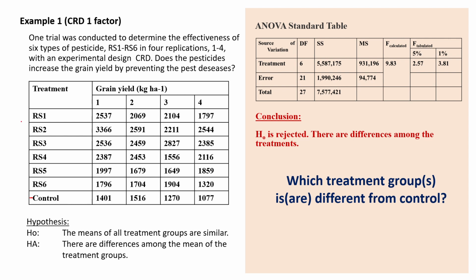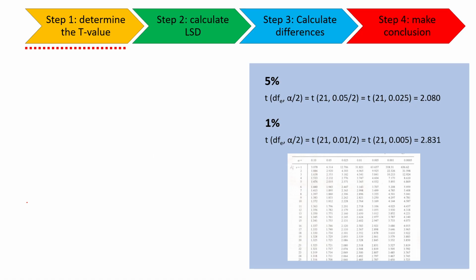That is what we are going to compare later on. Since ANOVA concluded that there are differences, we need to follow up with the post-hoc test to determine which groups actually show significant differences. Okay, so we are using LSD.